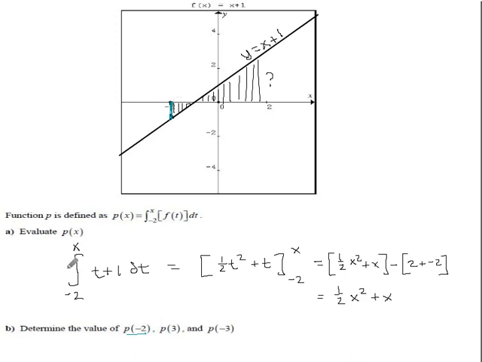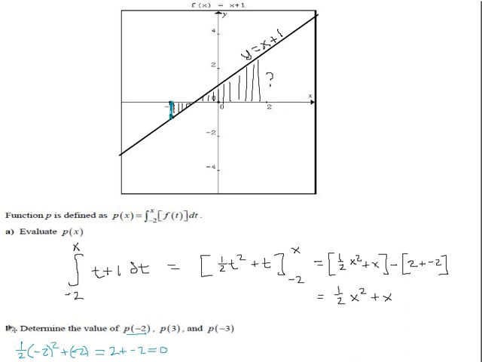Let's see if it does. Let's see if this function actually works. If we put in 1/2 of -2 squared plus -2, -2 squared is 4, half of that is 2, plus -2 equals, yep, good. Our function's doing what it's supposed to. It gave us 0 there, just like we knew that it should.